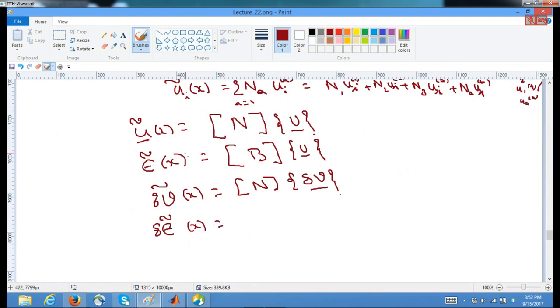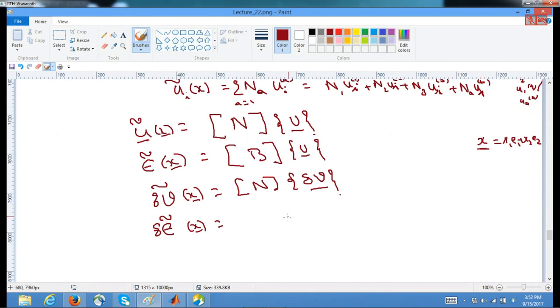When I write capital X, note that X is nothing but x1 e1 plus x2 e2. It is not simply the X. I might have a little bit of notational confusion, but I would like to take it this way so that we can easily handle both the dimensionality and the summation symbol.